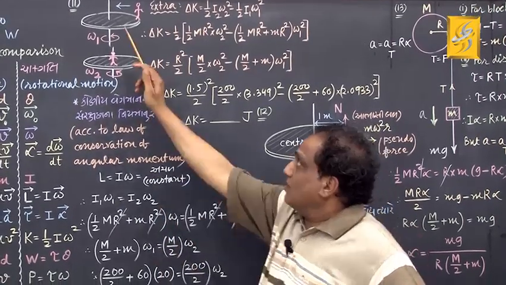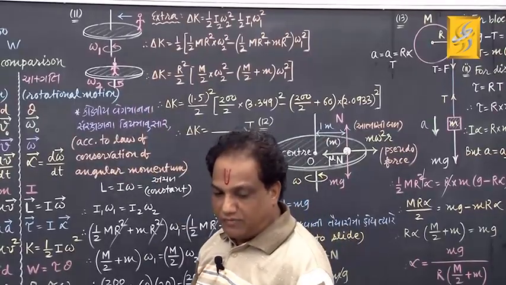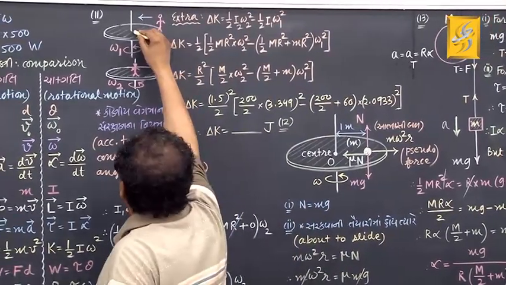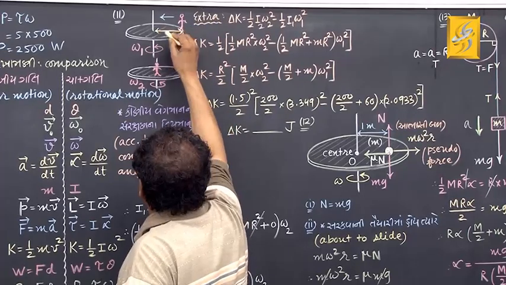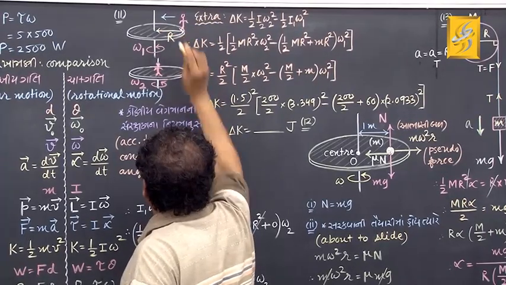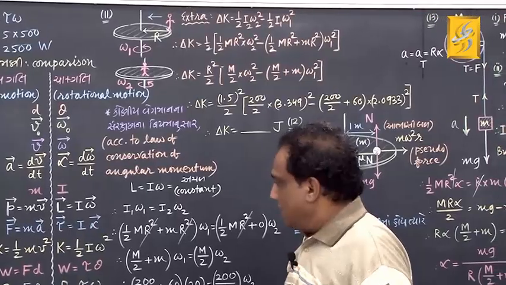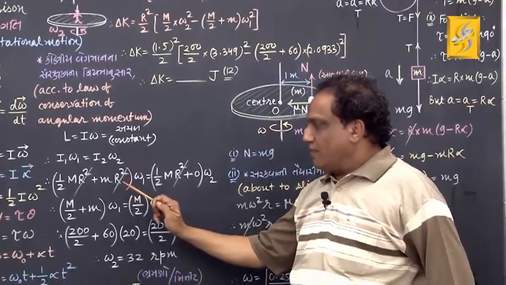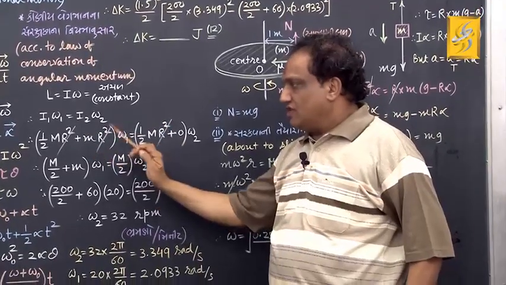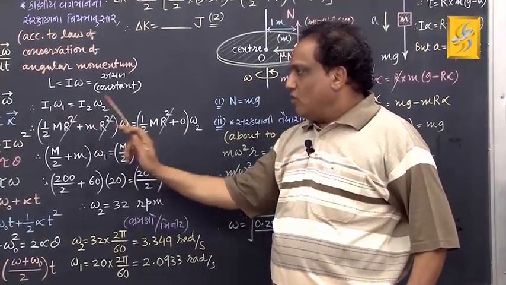This perpendicular distance is equal to the radius of the turntable, I am taking capital R. Fine. Now, this much is the moment of inertia of the system into omega 1.